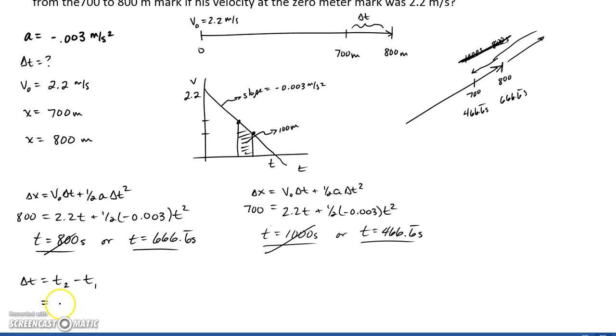So you have 666.6 repeating minus 466.6 repeating, so that equals 200 seconds. So it takes our guy 200 seconds to get from the 700 meter mark to the 800 meter mark. So this change in time right here is 200 seconds. So that's one way to solve the problem.